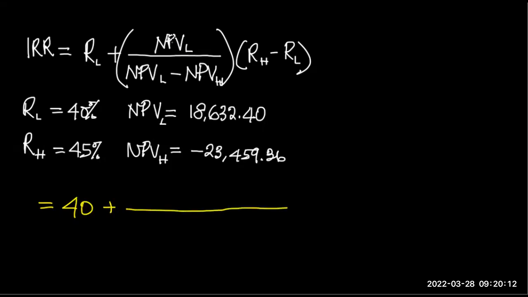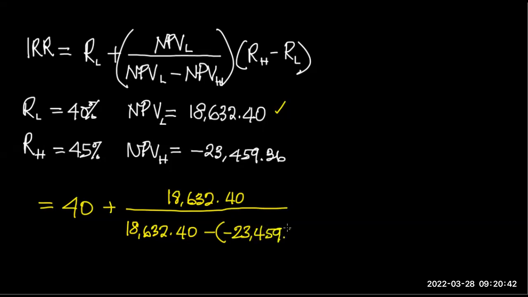The NPV for the lower rate was 18,632.40, minus, but this is also negative, so minus, don't forget, 23,459.36.